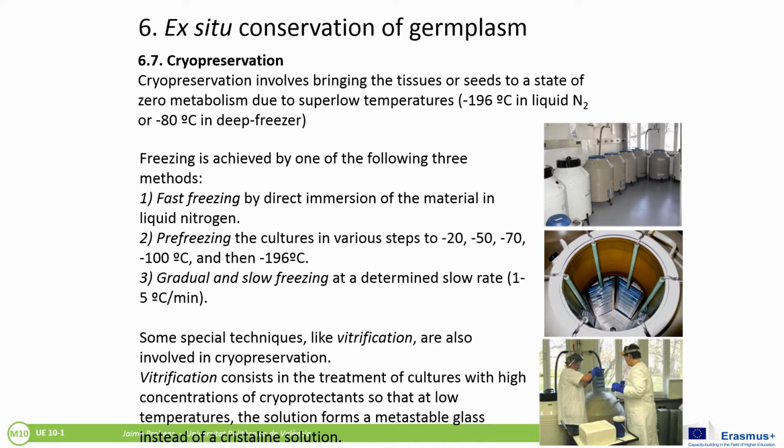Or third, gradual and slow freezing at a determined slow rate, 1 to 5 degrees centigrade per minute. Some special techniques, like vitrification, are also involved in cryopreservation. Vitrification consists in the treatment of cultures with high concentrations of cryoprotectants so that at low temperatures the solution forms a metastable glass instead of a crystalline solution.